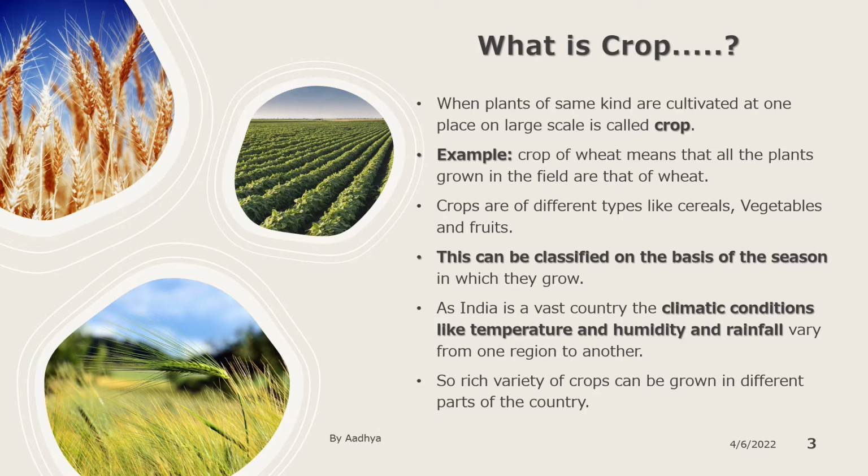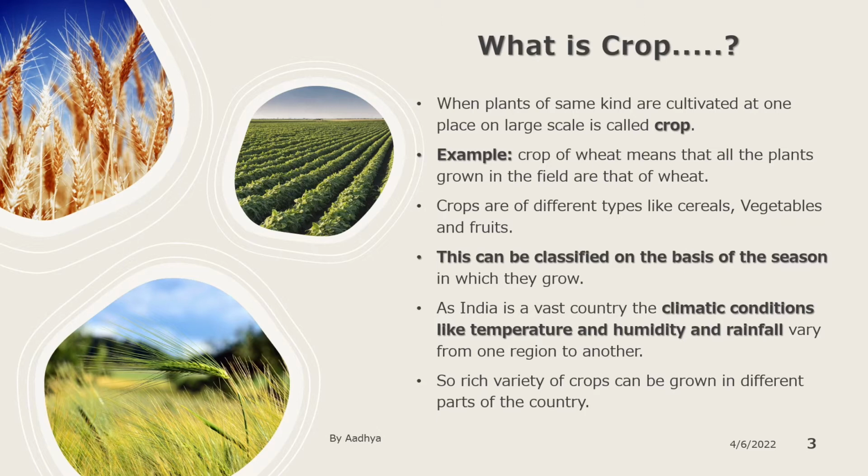We have to remember that on a large scale means in big proportion, only one type of crop is cultivated. This definition can be asked for 2 marks. Along with that, you have to write examples.